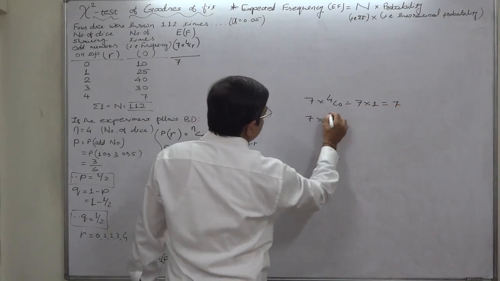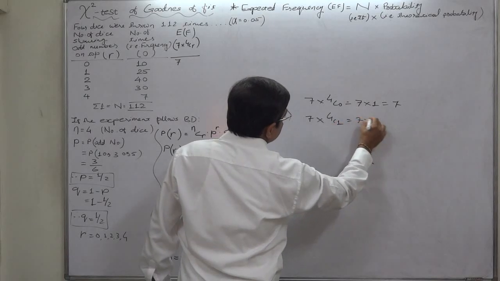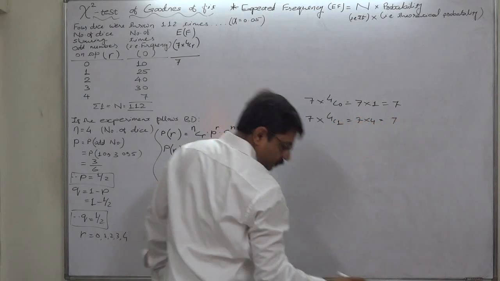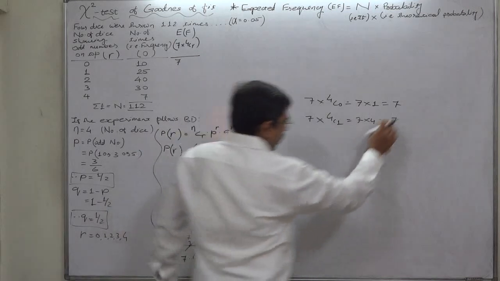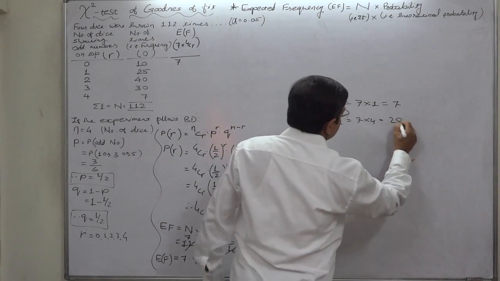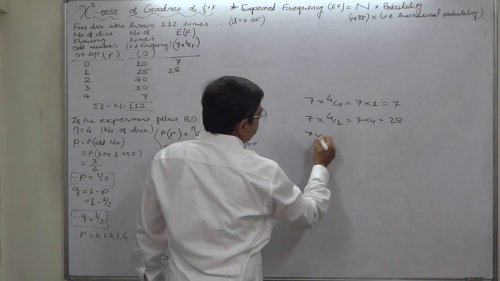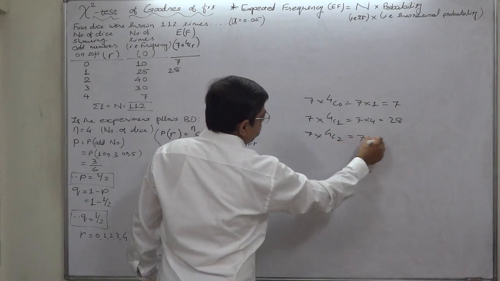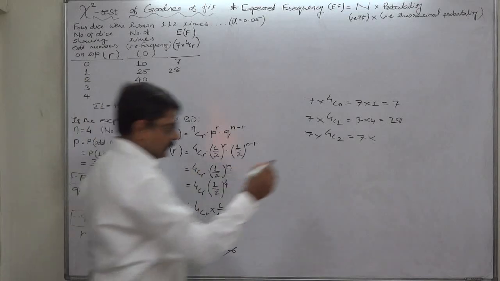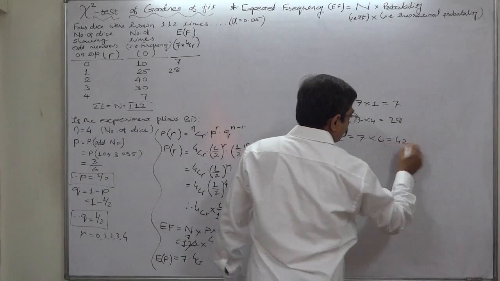Next will be 7 into 4C1. That means 7 into 4, so it will be 28. Third will be 7 into 4C2. That is 7 into 6. It will be 42.